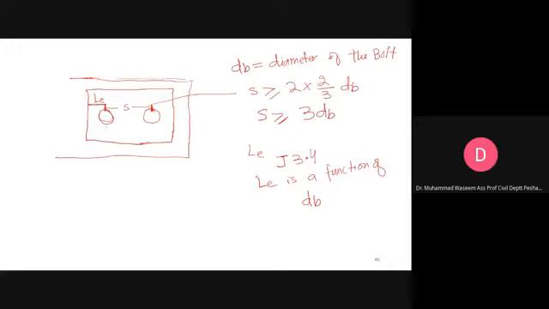This edge to edge distance, this edge to edge distance, this distance is LC. This distance is also LC.